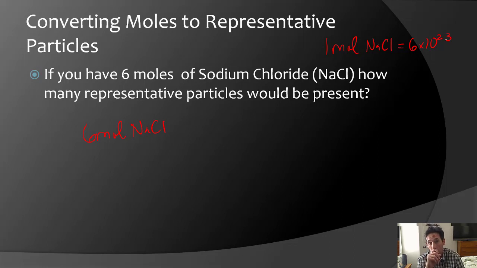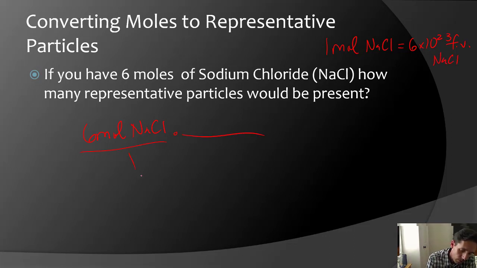Is it a molecule, or is it a formula unit? It can't be an atom because it consists of more than one type of element. It can't be an ion because it doesn't have a charge. It can't be a molecule because it contains a metal. So it must be a formula unit of NaCl.